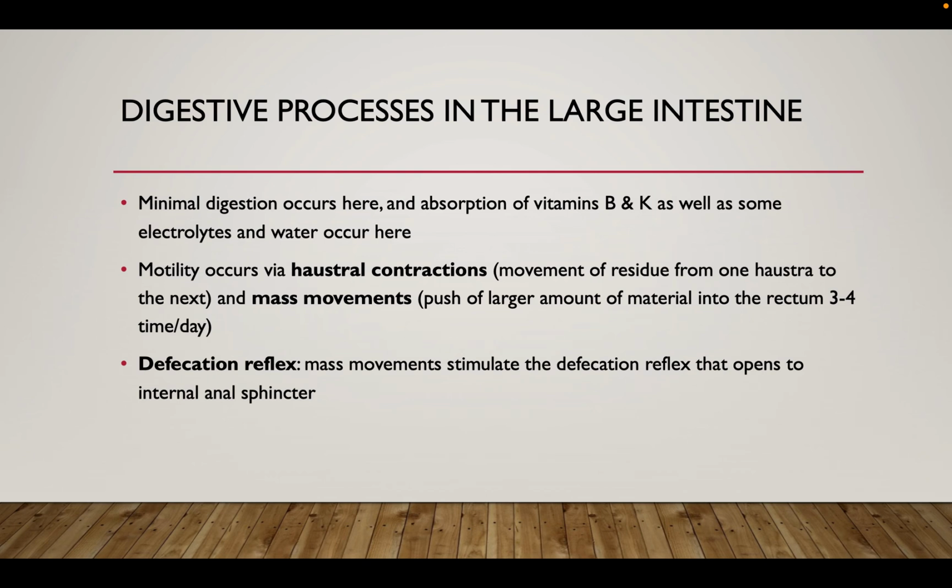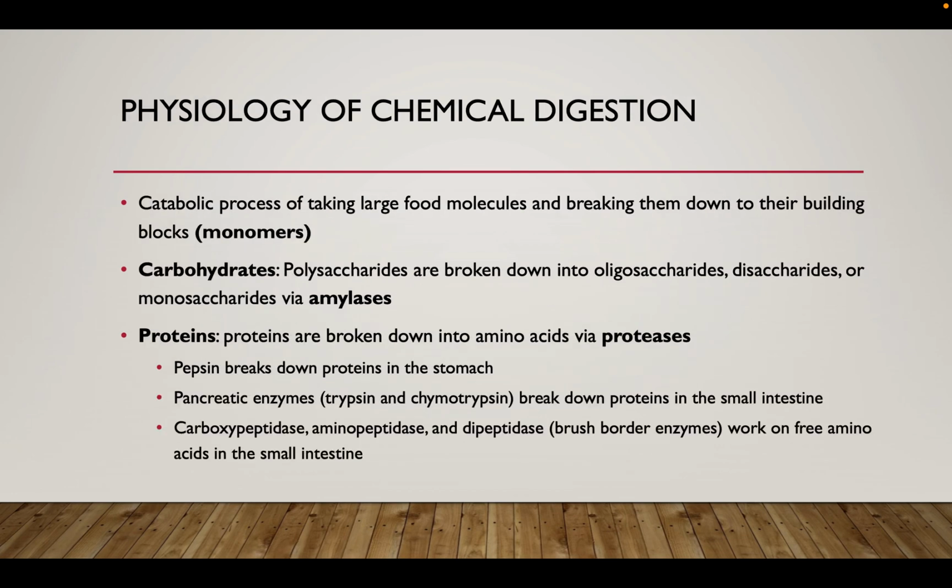And several times a day, these will move and be pushed into the rectum. And at some point, we will get something known as a defecation reflex, where these mass movements will push their way into the rectum, open the internal anal sphincter. If you recall, that is the involuntary one, so we do not have control over that. And then if we wish to defecate voluntarily, we will voluntarily relax the external anal sphincter, and we will get our bowel movement.